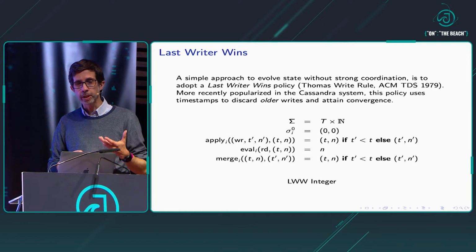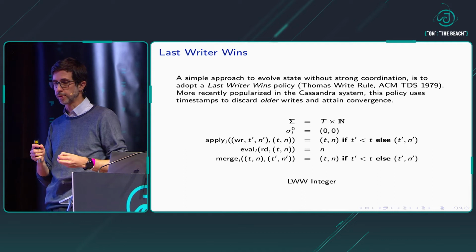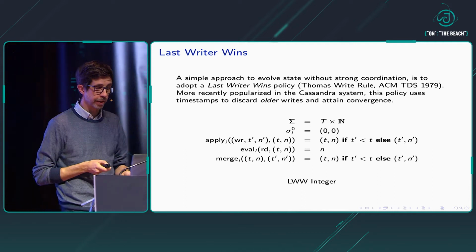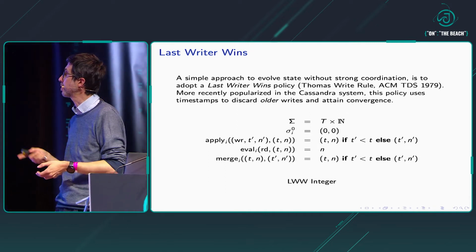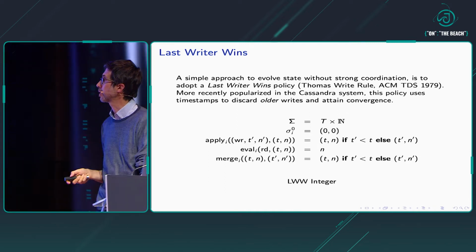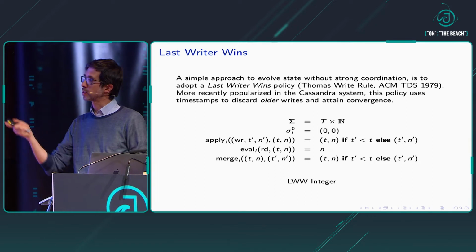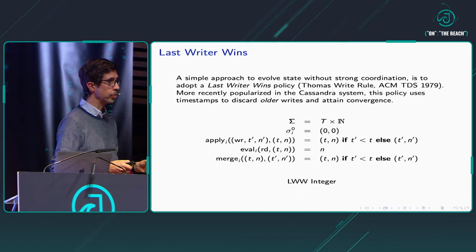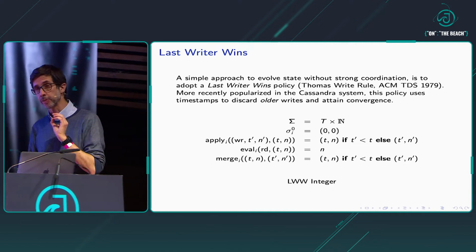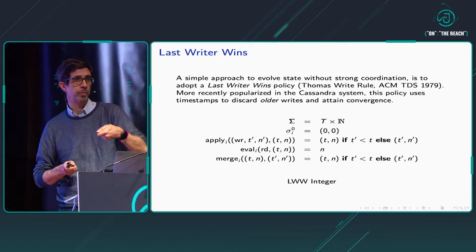So how can we handle a register that is highly available and that is operated on different sites? So one classic technique is to use what technically is the Thomas Write Rule, but it's more popularized as last writer wins. So what you do on this approach is that every time you write something, you assign a timestamp to the write.